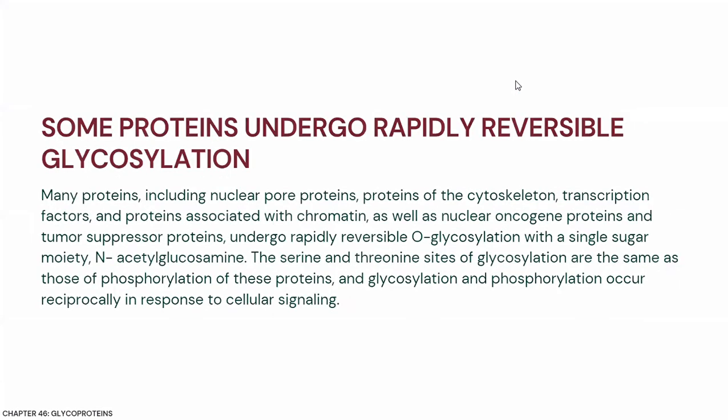Some proteins undergo rapidly reversible glycosylation. Now, glycosylation is addition of sugar to the protein without the help of any enzyme. So this is just brought about by an increase of glucose concentration so that the protein is glycosylated. So we have glycation.